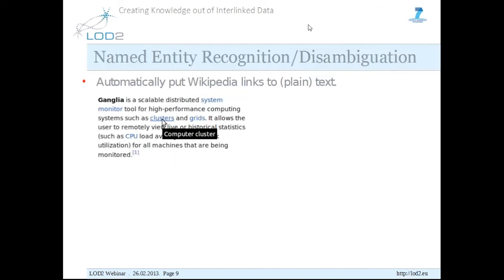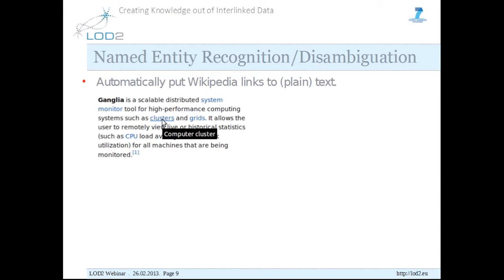The problem that DBpedia Spotlight is addressing, or I guess the core problems, are named entity recognition and disambiguation. So in other words, you can think about putting Wikipedia links into plain text. And so if you think of this paragraph, that Ganglia is a scalable distributed system monitor tool for high-performance computing systems such as clusters and grids, what is the meaning of clusters in the context of this paragraph?